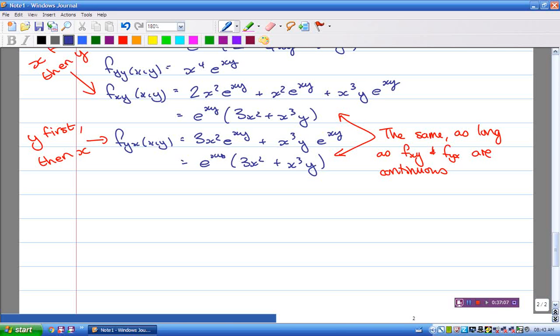So let's think about what these second derivatives tell you. So say you've got some surface. Your x derivative says, we're going to slice through the surface at constant x, and we're going to look at the slope of the curve of intersection. That's what your x derivative is. It's the slope of that curve. So your second x derivative is the concavity of that curve. Your y derivative says, okay, we've got the surface, we're going to slice through at constant y and look at the curve, and my y derivative is the slope of that curve.